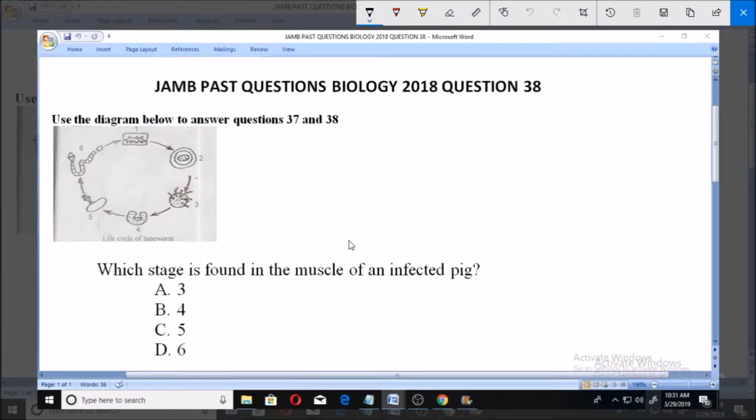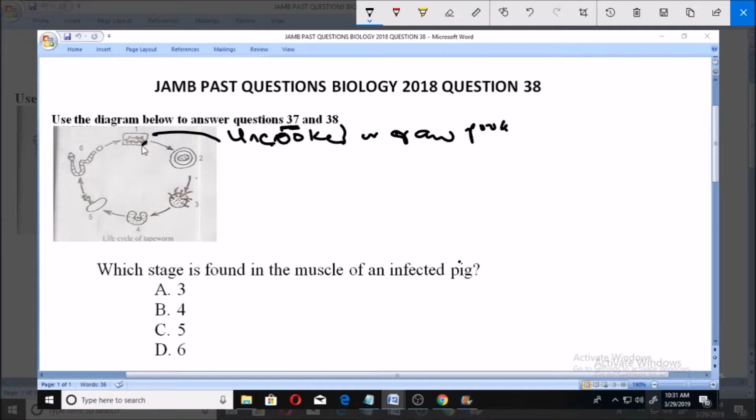In the previous video about question number 37, I explained the stages that we have, from where the meat, uncooked or half cooked or raw pork, is taken.